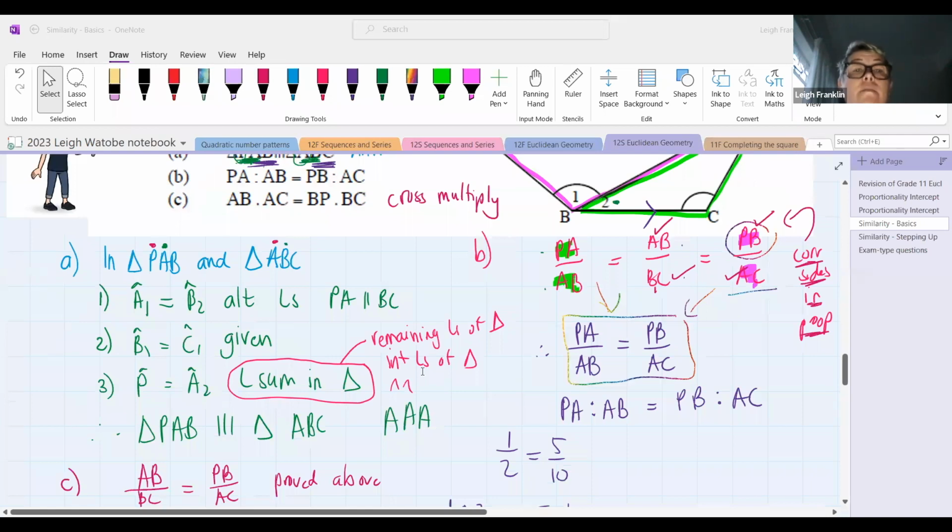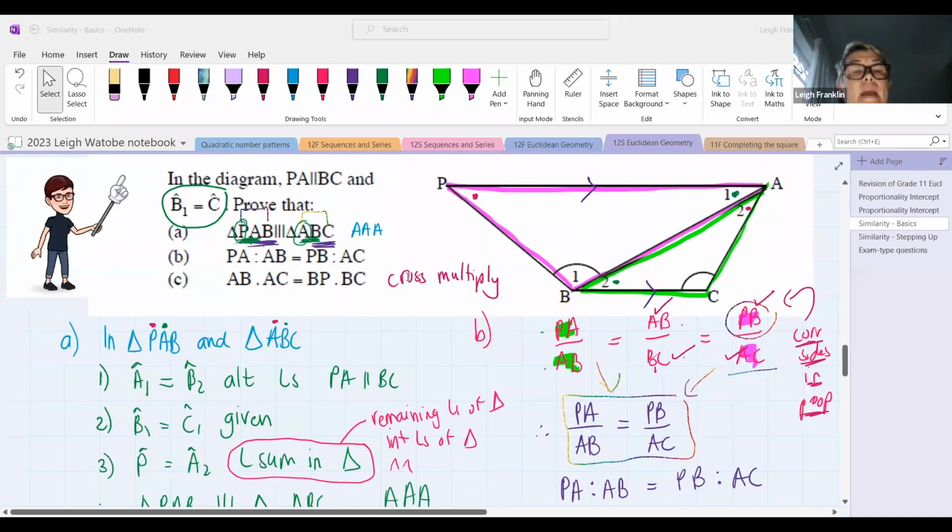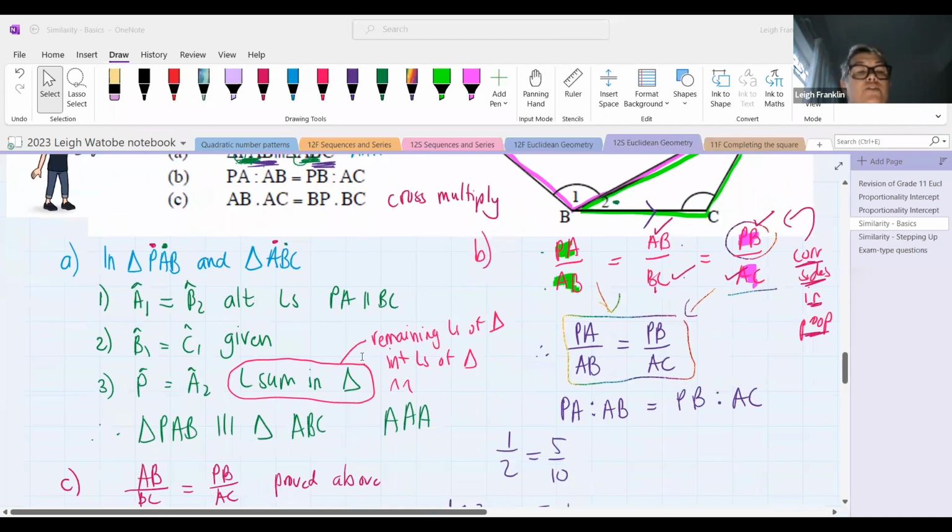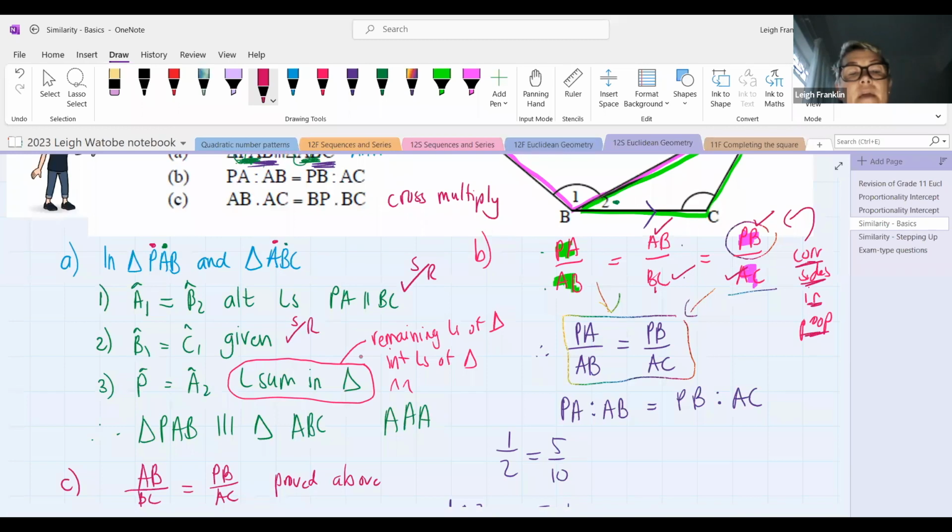Pinga, good, yeah, lovely. All right, so Pinga, normally when they ask you to prove similarity, it would be out of 3, possibly 4 marks if it's more complex. So here it would be statement reason. Here it would be statement reason, and then there would be a mark there. So that would be out of 3.